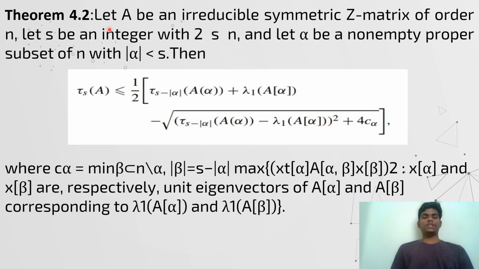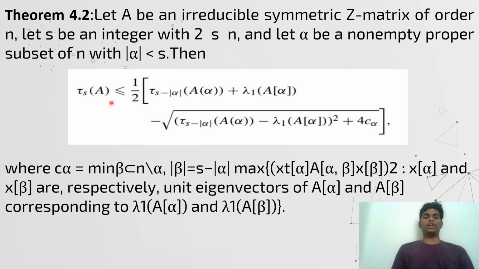Theorem 4.2 states that: let A be an irreducible symmetric Z-matrix of order n. Let s be an integer with 2 ≤ s ≤ n. Let α be a non-empty proper subset of n with |α| less than s.